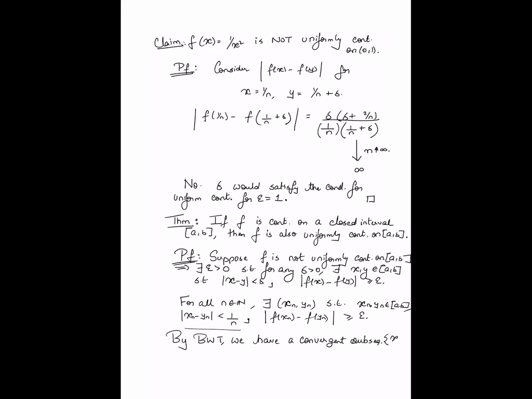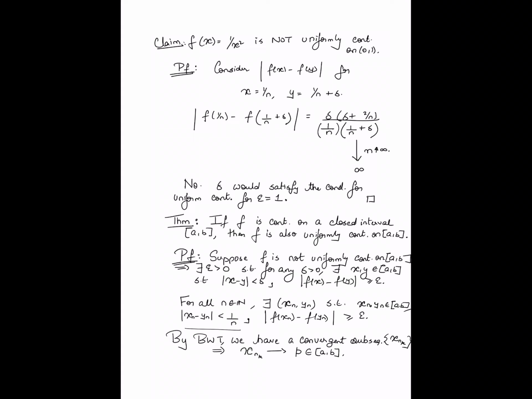Let's call it xnk. So there is some subsequence of the xn sequence which converges. Therefore, xnk as k goes to infinity converges to some limit p. And as we have argued before, because xn lies completely in the closed interval ab, you are also guaranteed that p will lie within the closed interval ab.